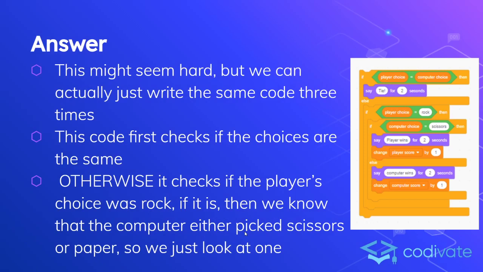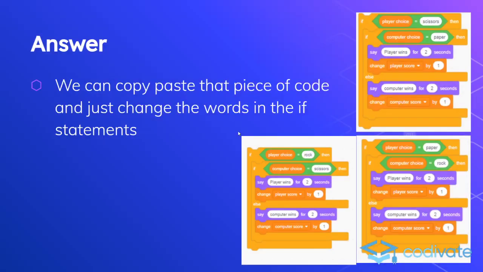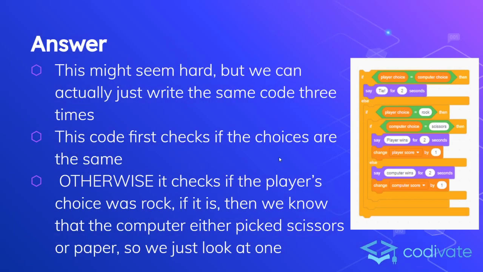So here, we have this. This is going to happen once, and then we're going to repeat it 3 times. It's going to look like this will be the entire code. And the way it works is the following. We check if the choices are the same.